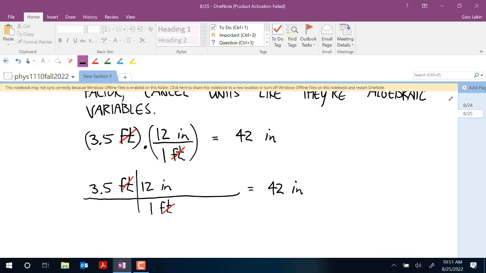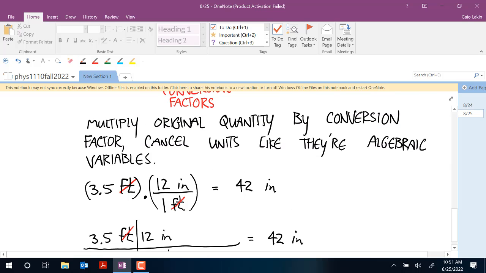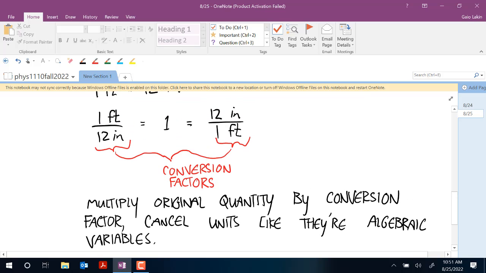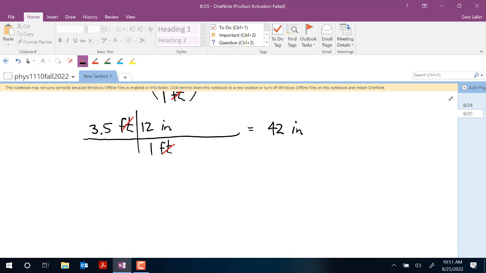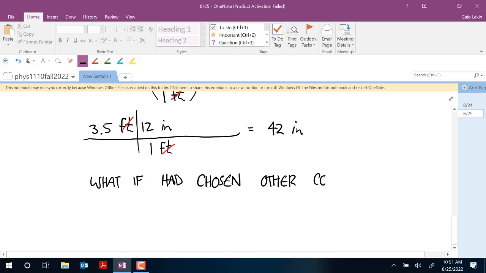But now the question is, I happen to choose the correct conversion factor, 12 inches over 1 foot. What would have happened if I would have chosen the first one, 1 foot over 12 inches? So what if I had chosen the other conversion factor?